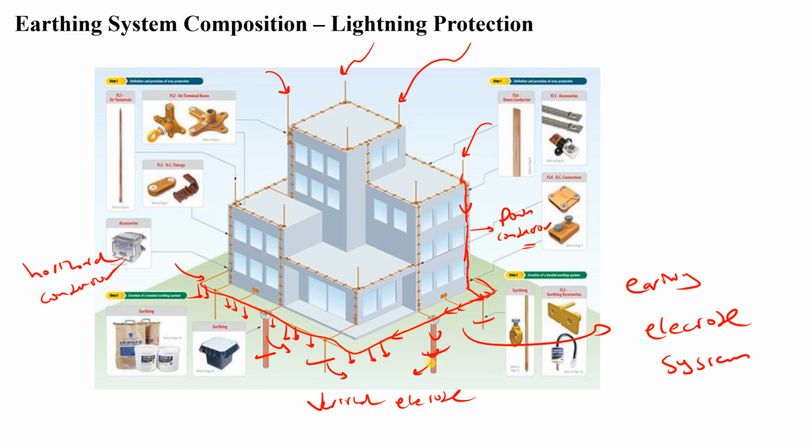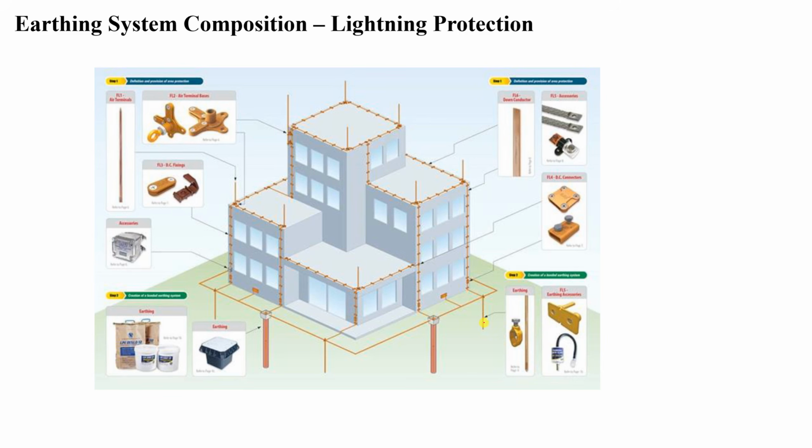These are multiple vertical electrodes connected using a horizontal conductor. All of this is our earthing electrode system. So we have the MET of the building itself, connected to the earthing electrode system. It is connected via a conductor.